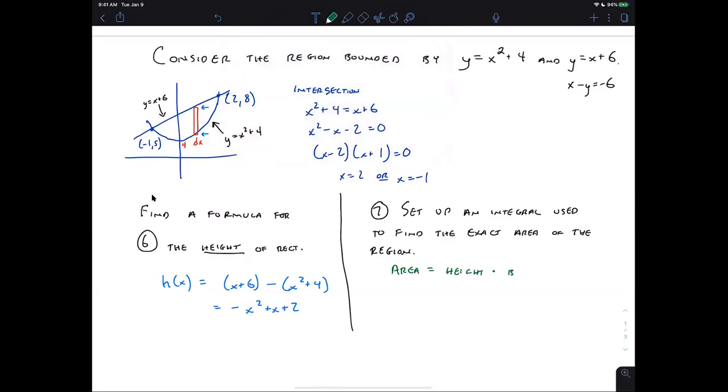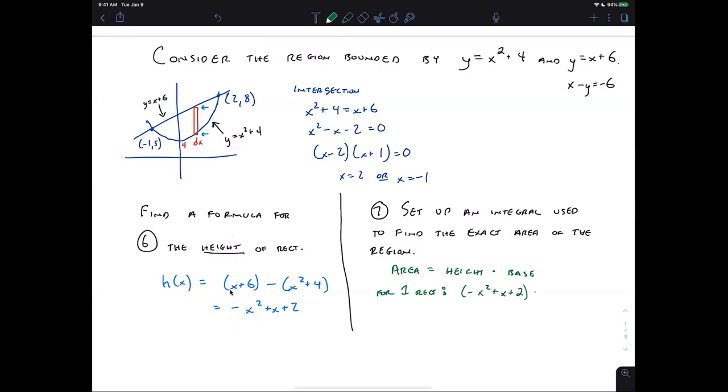So for one rectangle, the area would be the height of the rectangle times the base. Well, the height of the rectangle is what we just found. Everybody clear? The height of the rectangle would be negative x squared plus x plus 2.